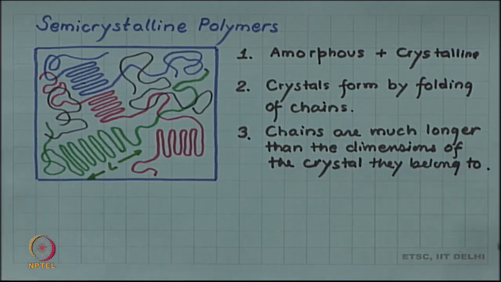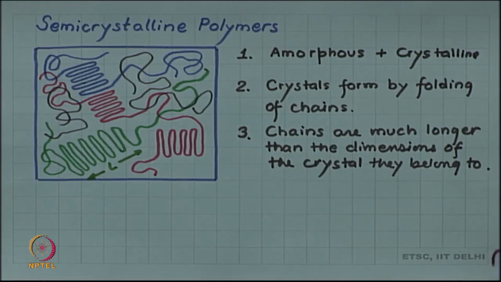This is a very important point historically as well, because this was a big issue when Staudinger proposed the macromolecule or long chains as the basic structure of polymers, because when crystal structure was determined using X-ray diffraction, the unit cell size and the crystal size was found to be much smaller than the chain size.